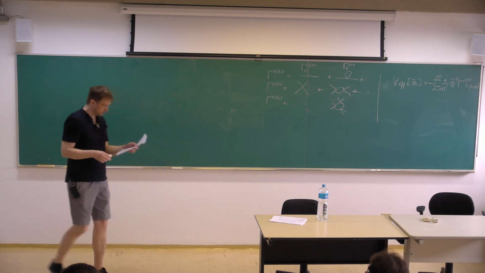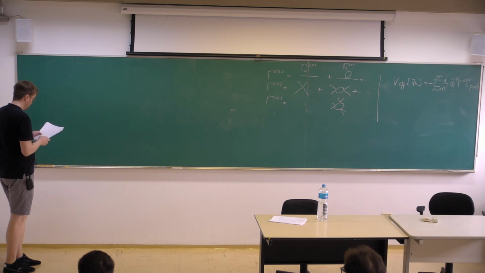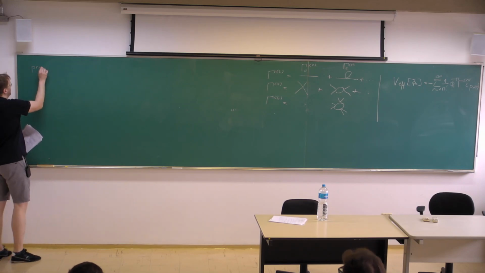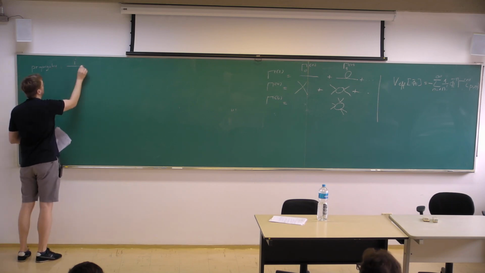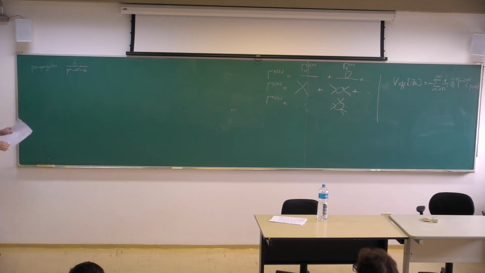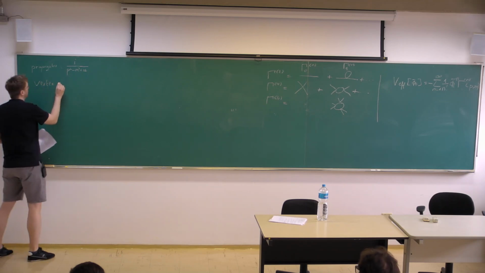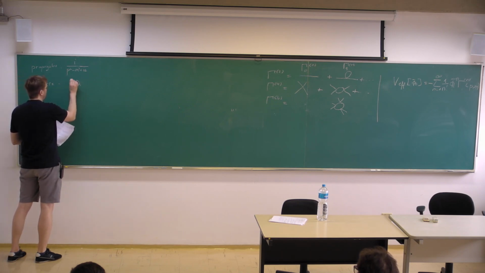Okay, so now a quick reminder also of the Feynman rules, but I guess you all know this. So an internal propagator, if we have a propagator with the usual factor, then each vertex comes with a factor minus i lambda.